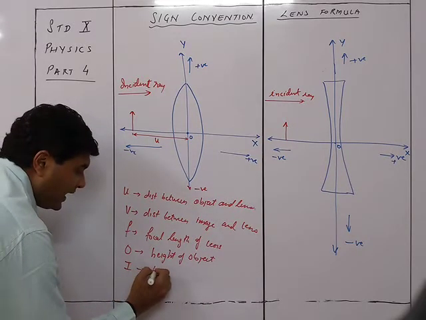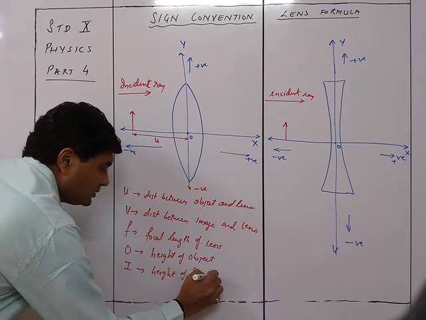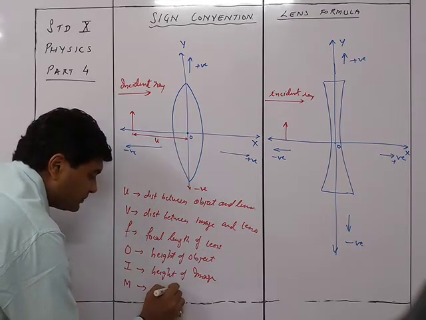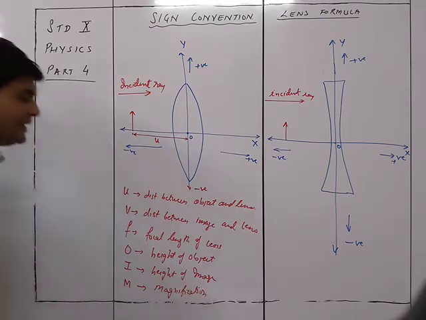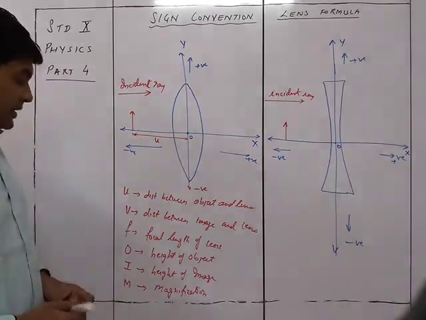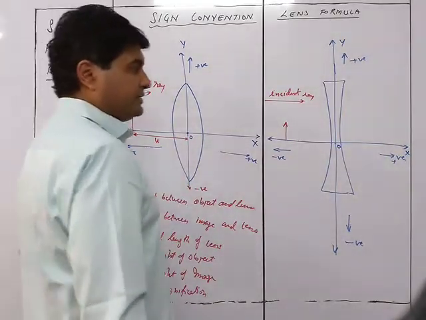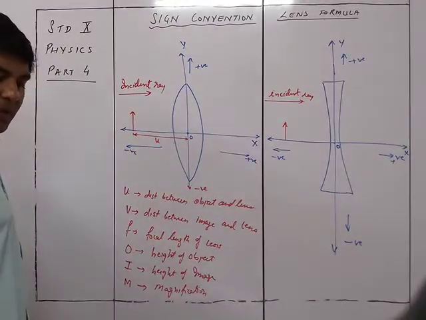I is the height of the image, and M is magnification. So these are the different terms which we'll be using in this particular part, and these are the terms which we will be requiring over here.